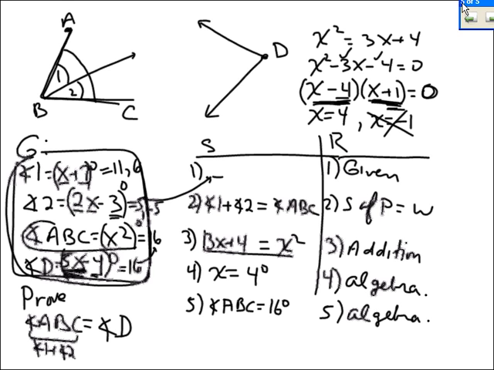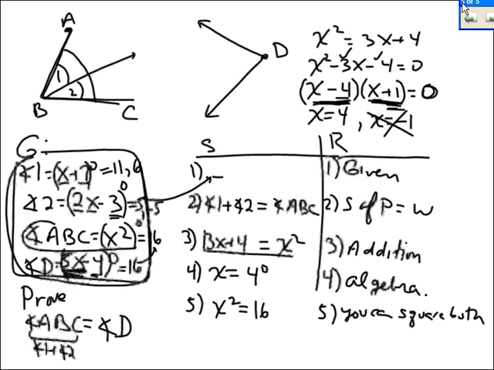Or if you preferred to go a longer route, you could have said that x squared is 16. Square both sides. You can square both sides of an equation.